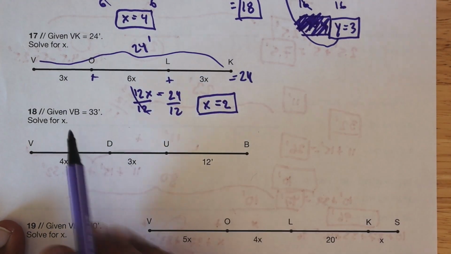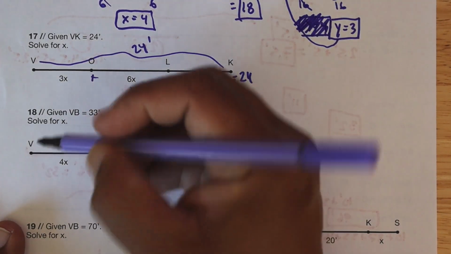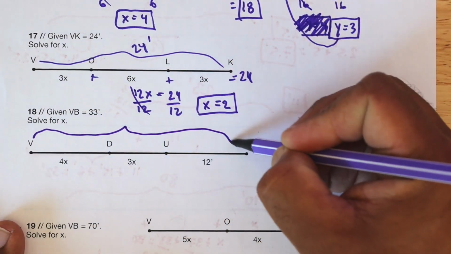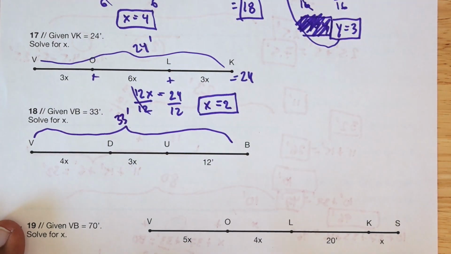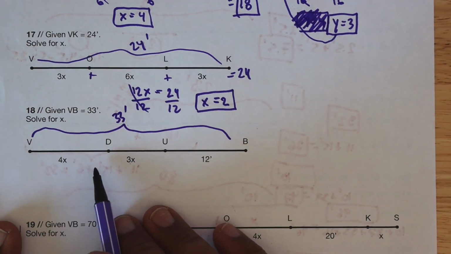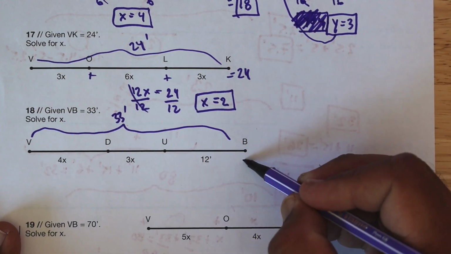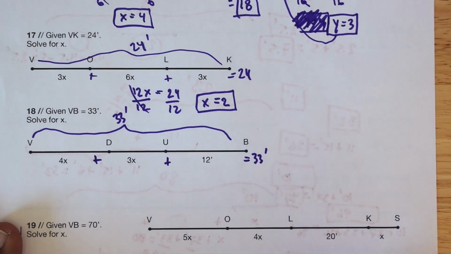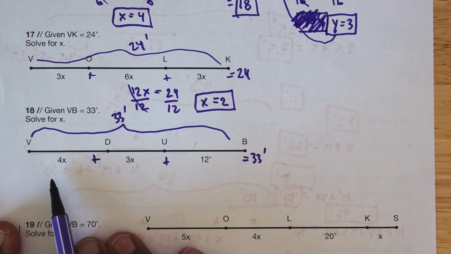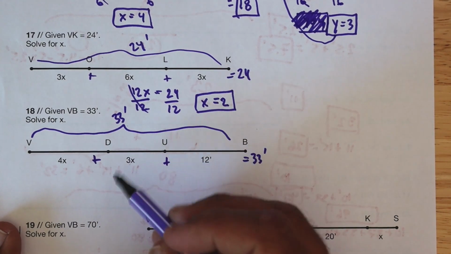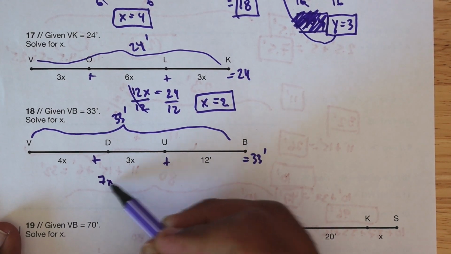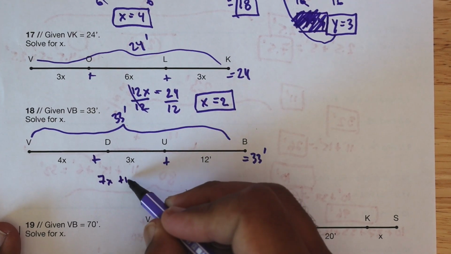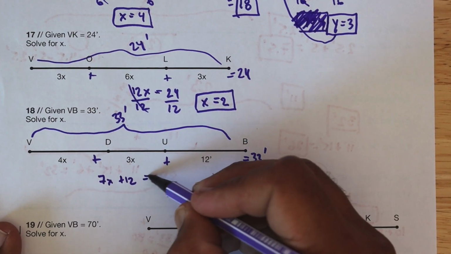Number 18, similar type of question. VB is 33, so the whole thing is 33 feet. This part plus this part plus this part equals the whole thing, 33 feet. I'm adding those parts together. So 4x plus 3x is 7x plus 12 equals 33.